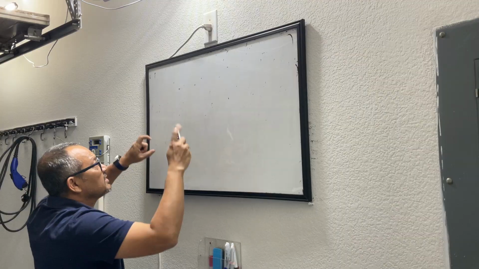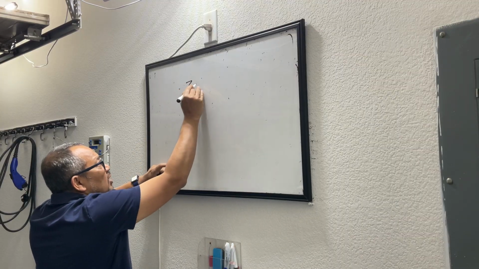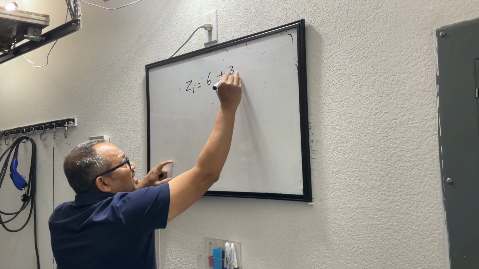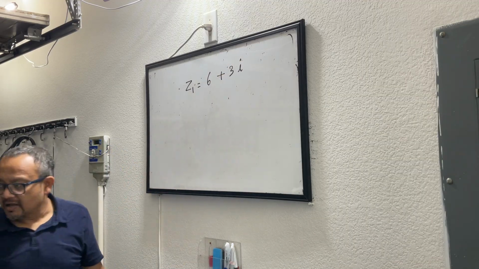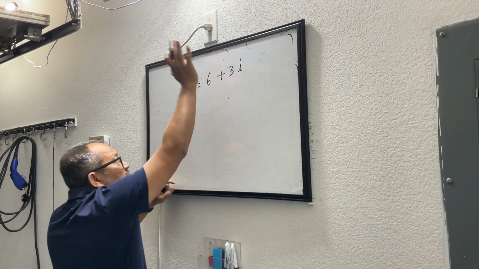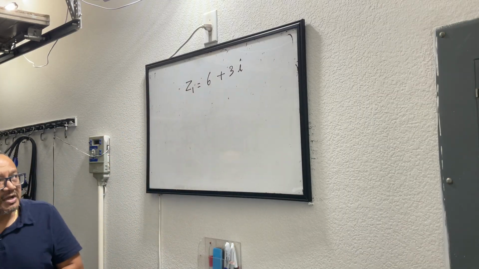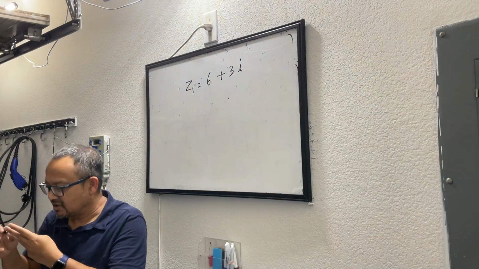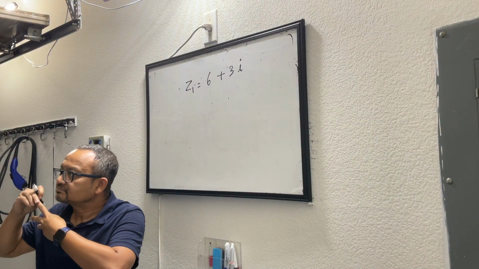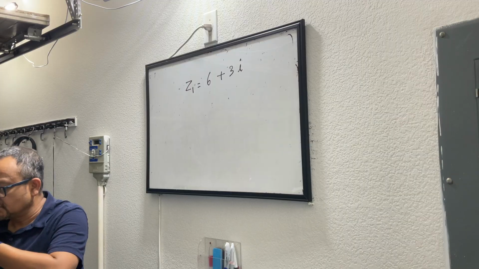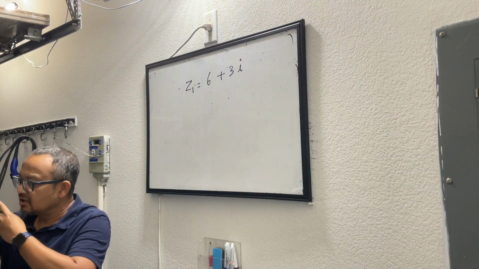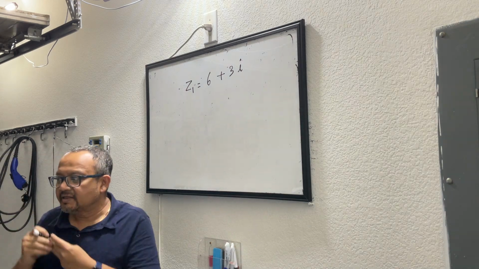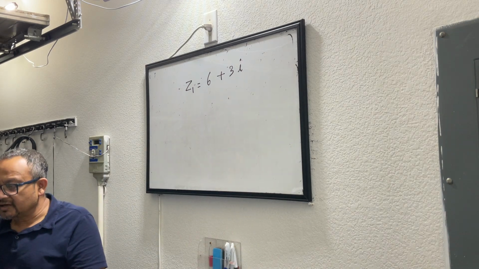Let's say I give you one complex number z1 equals 6 plus 3i. Let's do 3 things about it: find the magnitude, find the argument, meaning the angle, and then rewrite this in the polar form.